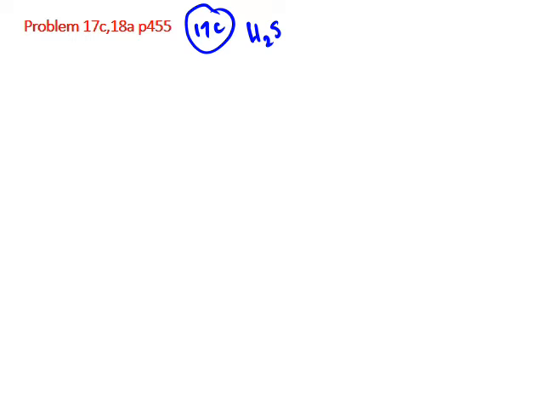So sulfur is from group 6A, has 6 valence electrons. Each hydrogen has 1, and 2 of them would have 2 valence electrons, and altogether there are 8 valence electrons. Let's write down the Lewis structure now. Again, we don't know at this point what kind of shape it's going to have, so let's write down whatever way you want. Let's assume this is a straight line or linear.